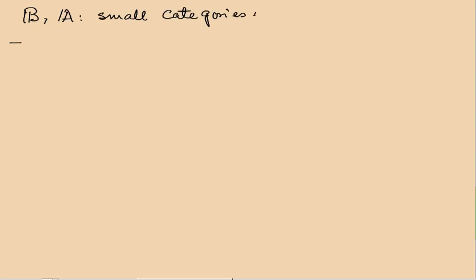So now, how many functors from A to B? Let's see. To give a functor from A to B, if you give a functor, that's going to be the dotted line.